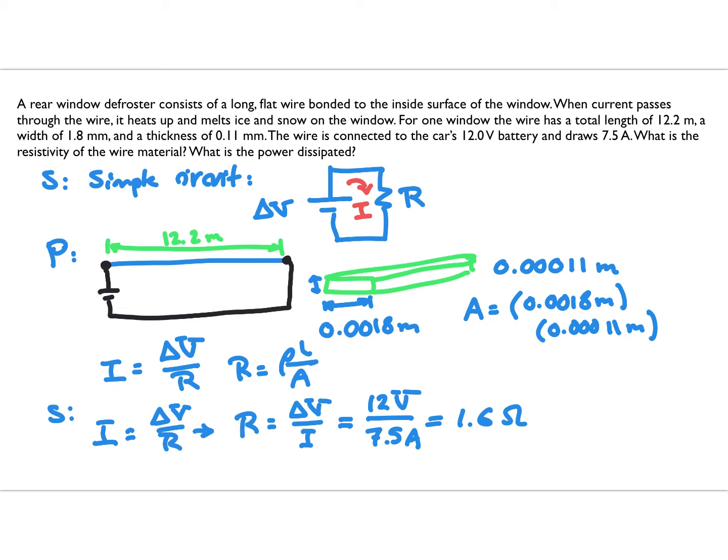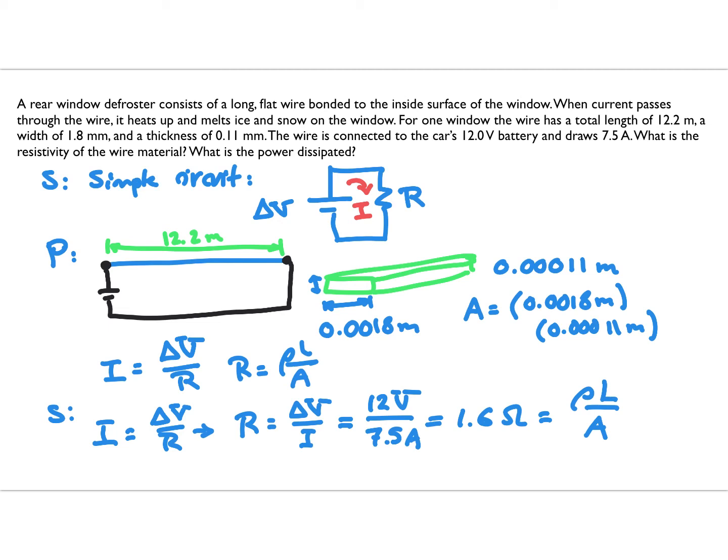Then I know that the resistance is equal to rho times L divided by A. I'm pretty close to that because I computed the area, which is just the product of those two things, and I also know the length of the wire, 12.2 meters.